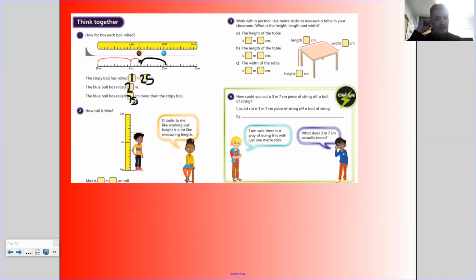You can do that with your ruler or using a number line. Or you could just go 200 centimeters, take away 125 centimeters. You know that 2 meters is 200 centimeters, and the other one went 1 meter 25, or 125 centimeters.